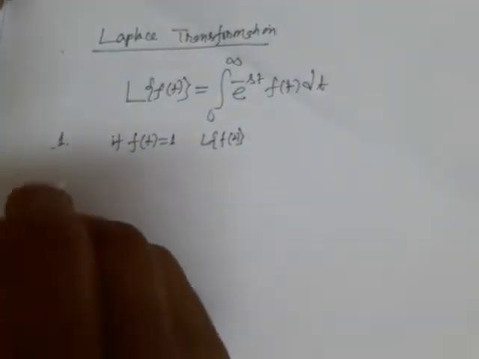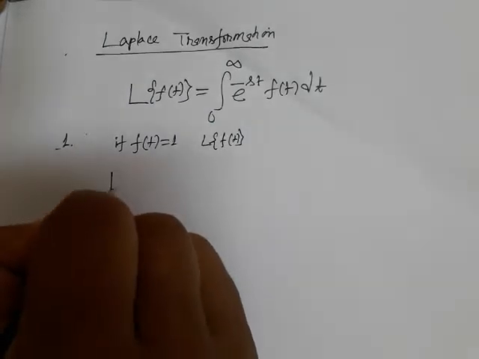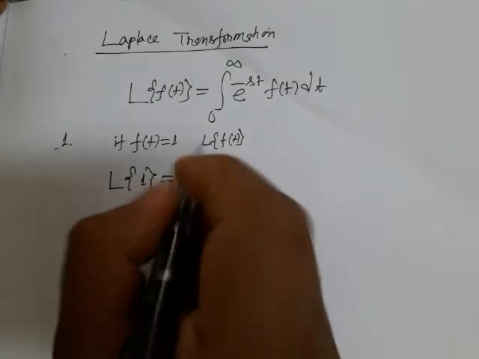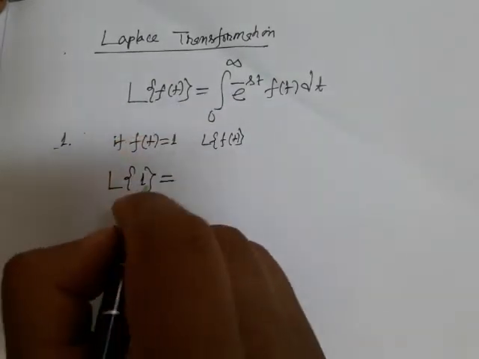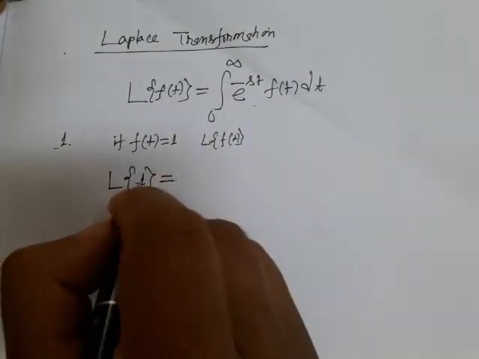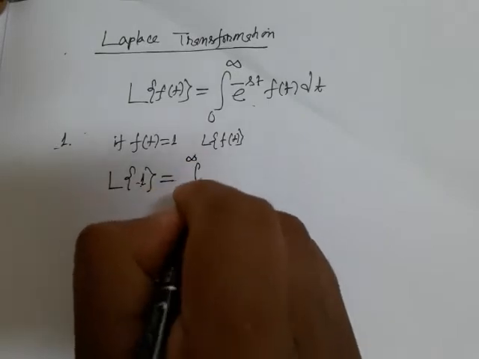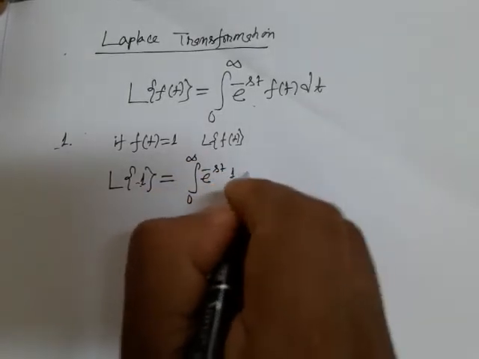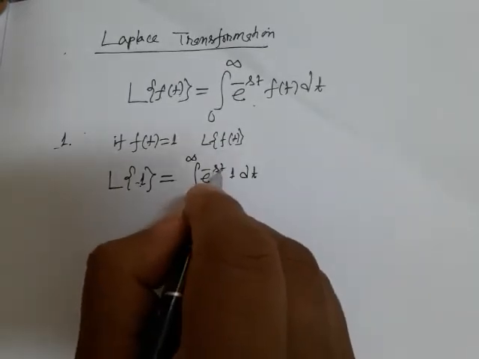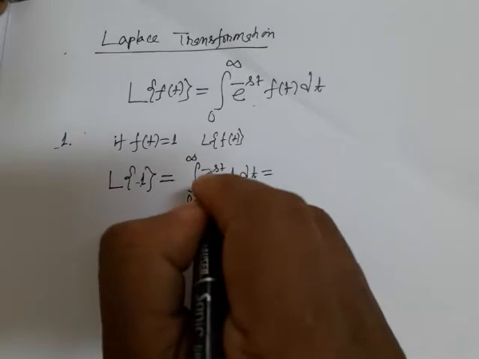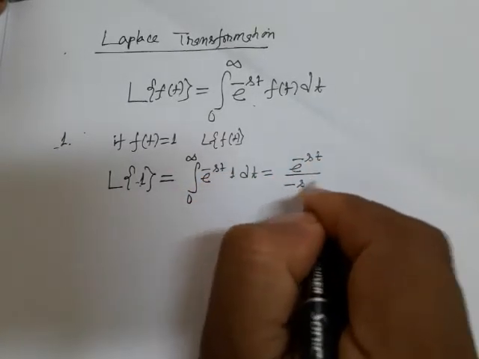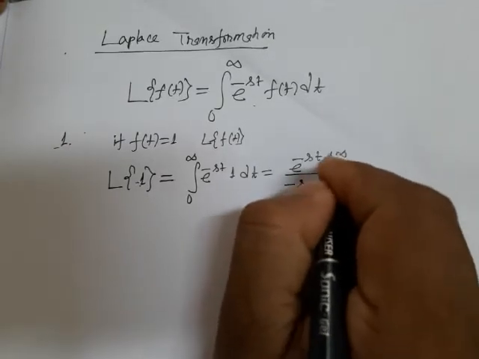Here, in place of f of t I have to write 1, so L of 1 is the integral from 0 to infinity of e to the power minus st times 1 dt. Here s is a constant, independent of t. Now what is the integration of e to the power minus st? It is e to the power minus st by minus s, with limits 0 to infinity.